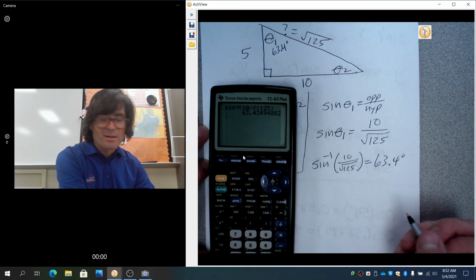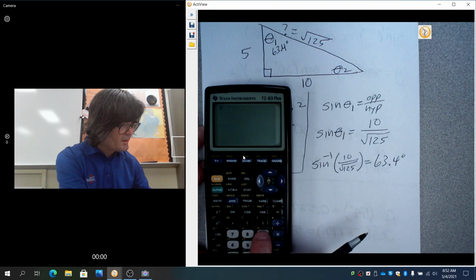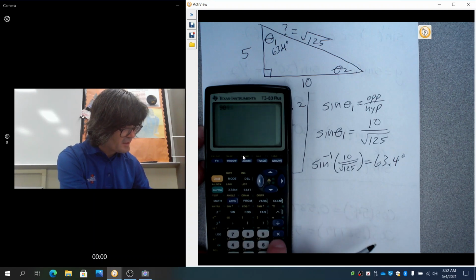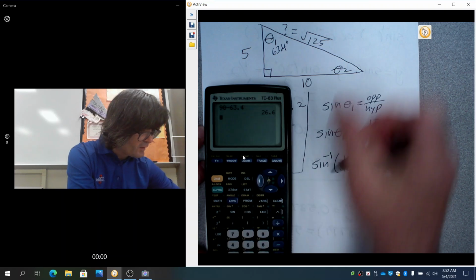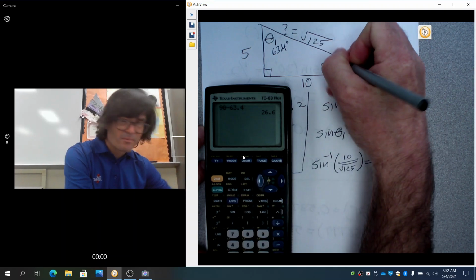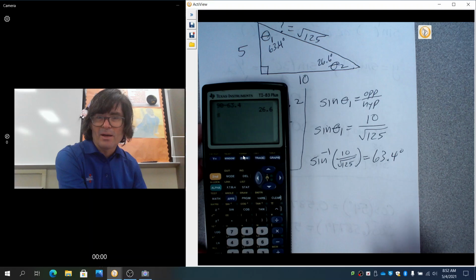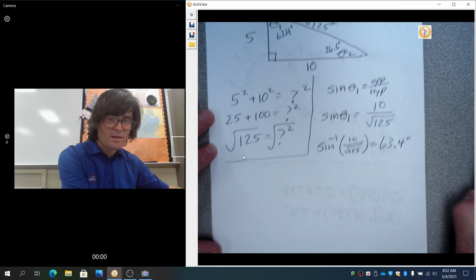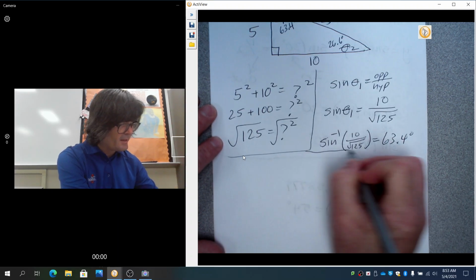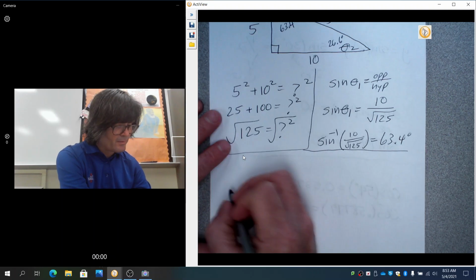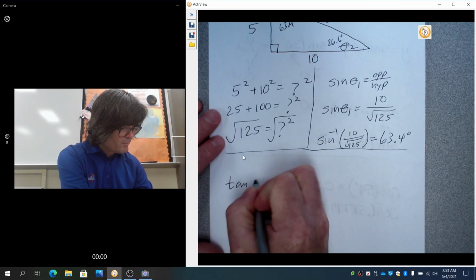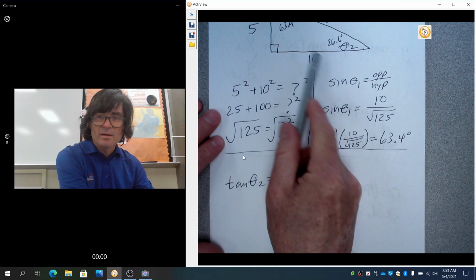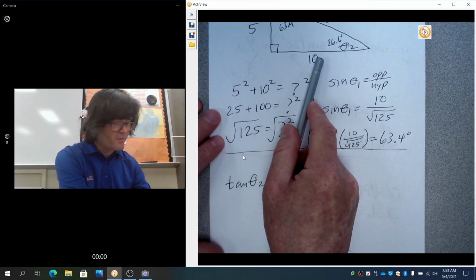And now, knowing that these two have to add up to 90 because that one's 90, you could do 90 minus 63.4, and you could have figured out that was 26.6. But let's just figure it out using inverse trig functions. I'm going to call that theta 2. And right now, let's just pick tangent maybe. Tangent theta 2 is going to be opposite over adjacent, 5 over 10.